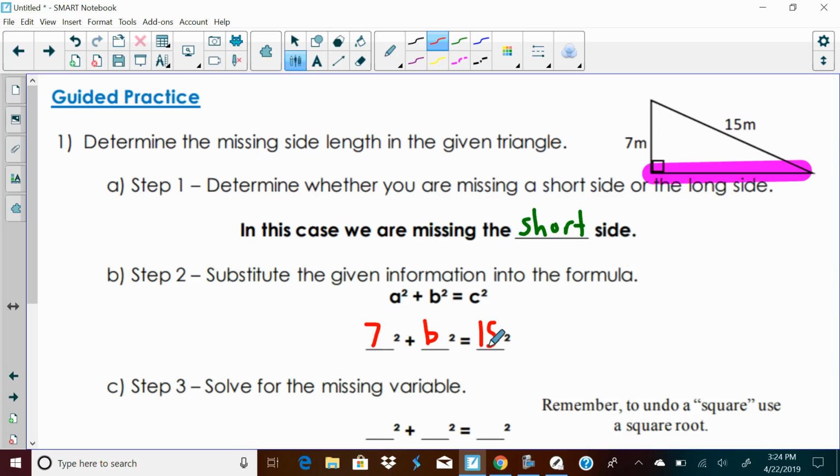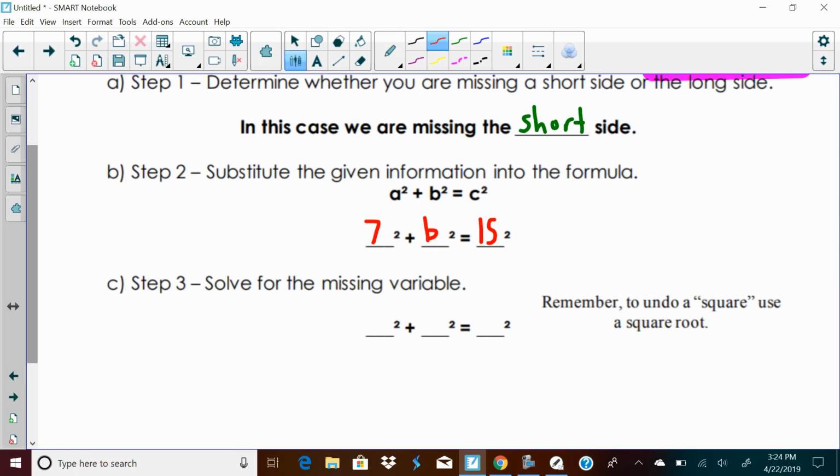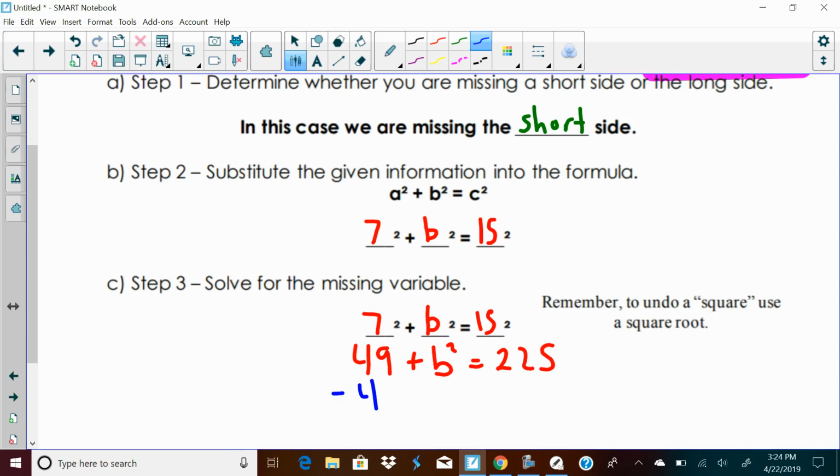Now I'm going to solve for the missing side. So I know 7 squared is 49, plus B squared equals 15 squared, which is 225. Then I subtract 49 from both sides.